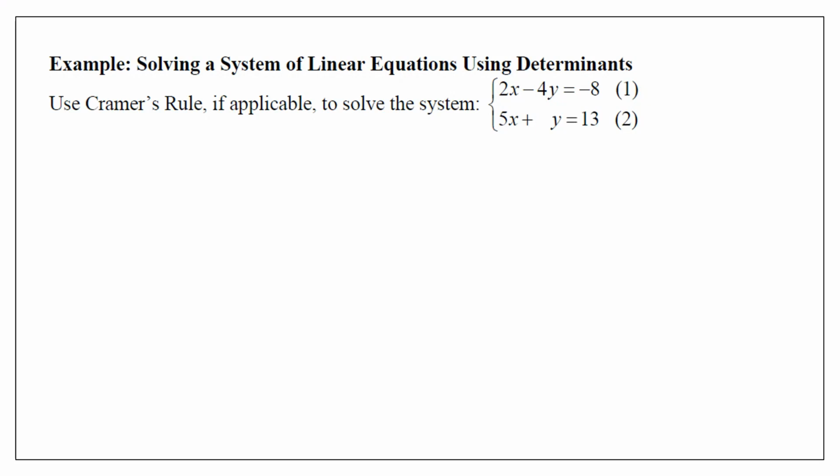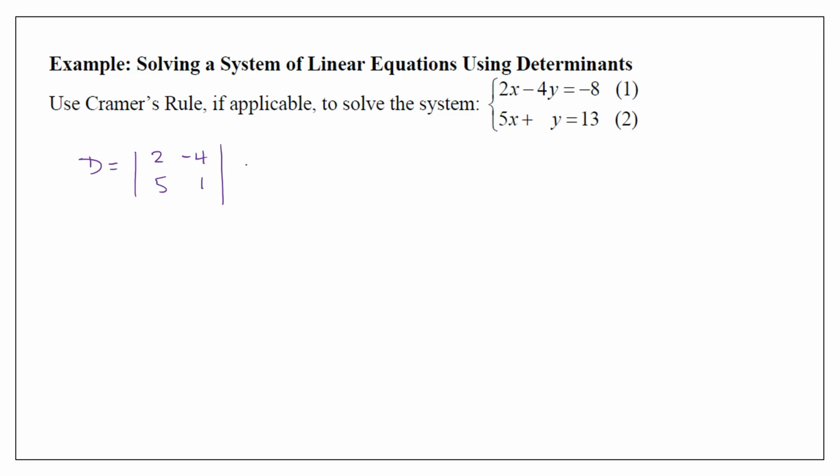In order to use determinants, we have to have the same number of variables as equations. We have two variables, x and y, and we have two equations. Therefore, we can use the determinant. So D is going to be equal to the determinant of 2, -4, 5, and 1, the coefficients of our variables.